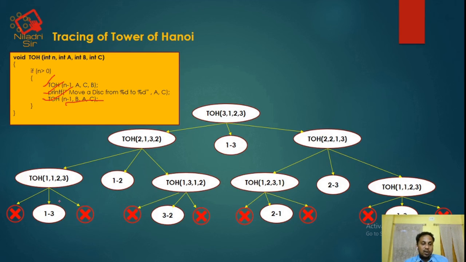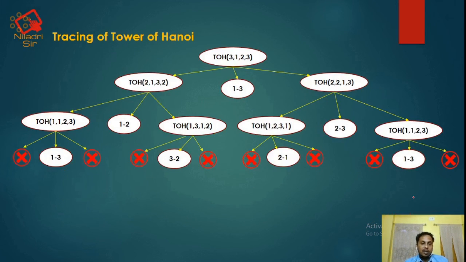Okay, so what are our steps? We'll take this one, next this one, next this one, again this one, and this one. If we read them again: 1 to 3, 1 to 2, 3 to 2, 1 to 3, 2 to 1, 2 to 3, 1 to 3.